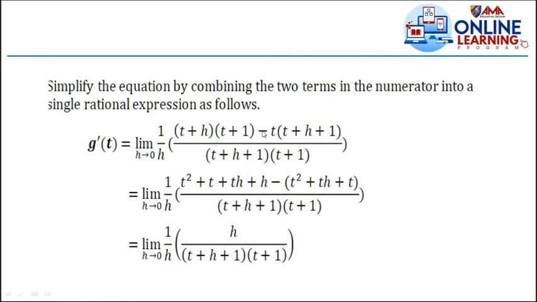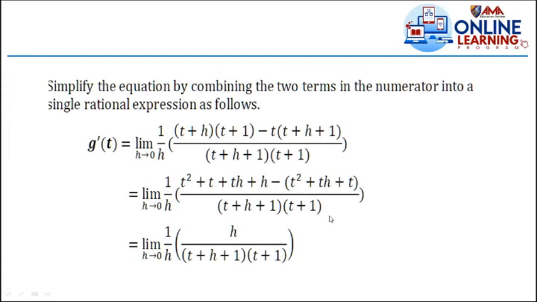Tapos ito, distribute na natin, minus t by t, t squared, minus t by h, minus muna, no? Hindi pa natin distribute negative sign, no? So, t by t, t squared, t by h, t by 1, we have t. Okay? Divided by t plus h plus 1, multiply by t plus 1.